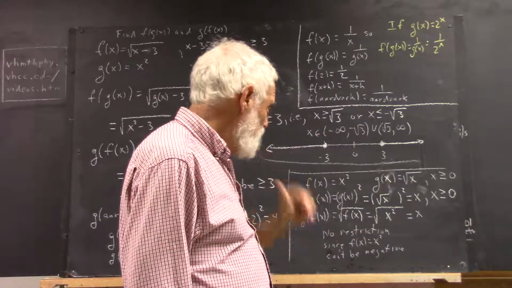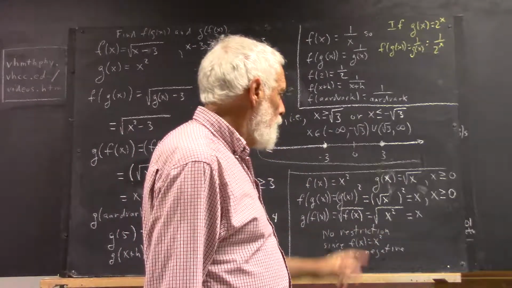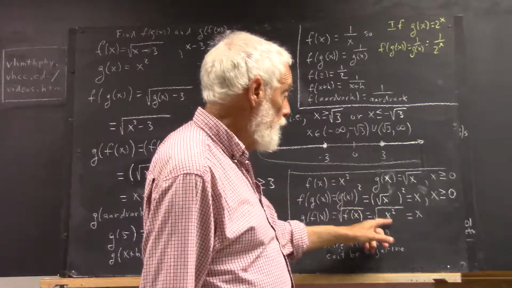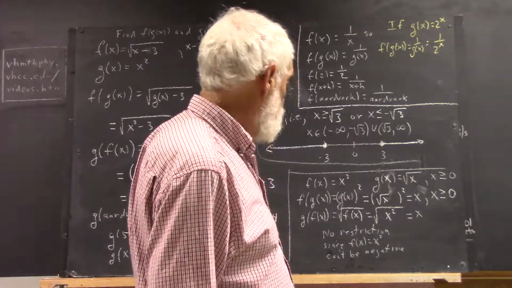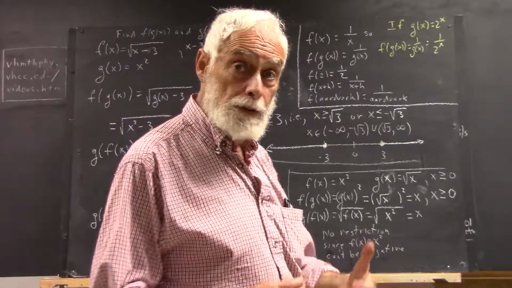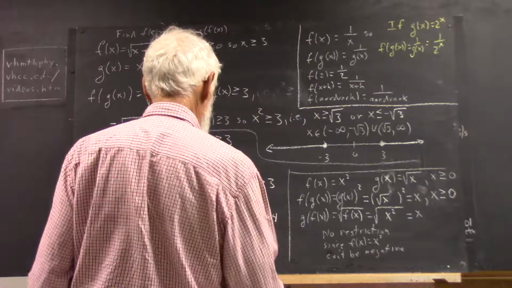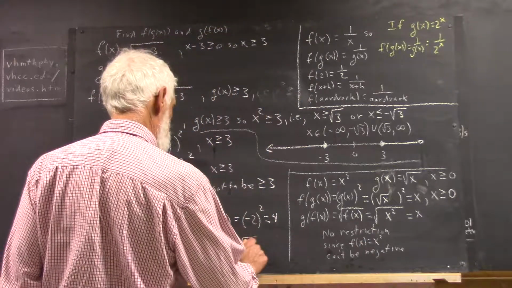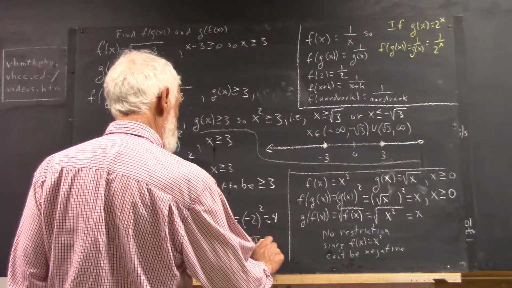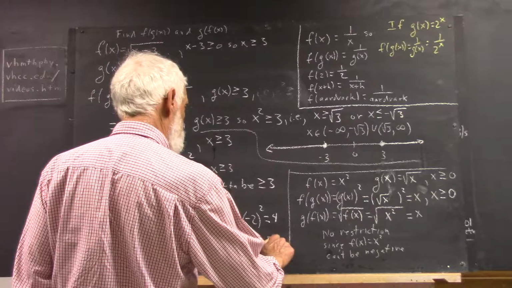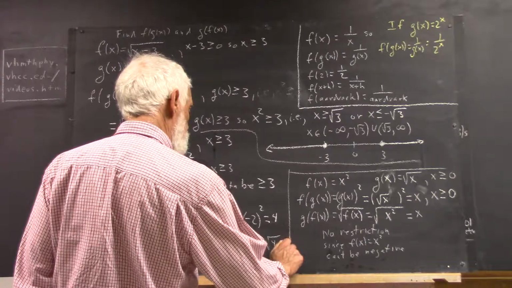So this is perfectly good. But the problem is, nothing is wrong from here to here, but the square root of x squared really isn't x. For example, what's the square root of negative 2 squared? The square root of negative 2 squared is the square root of 4, which is 2.